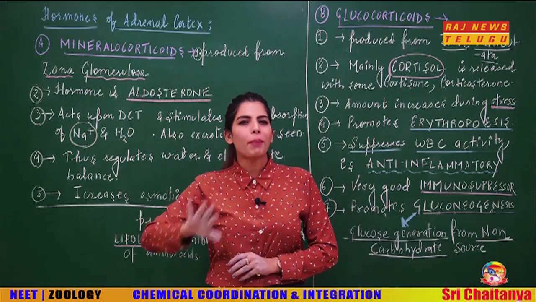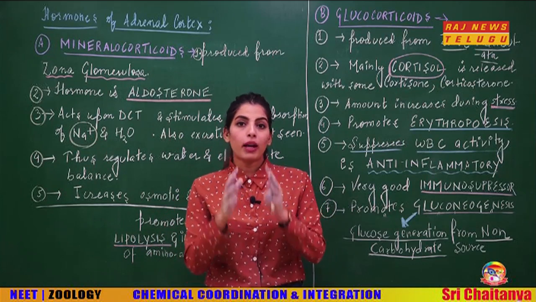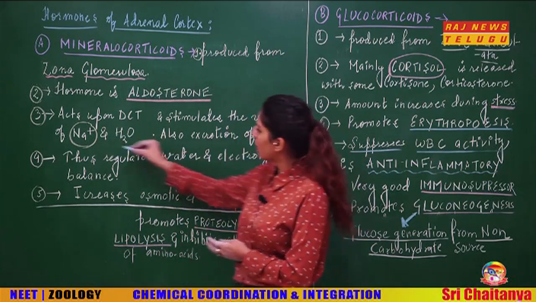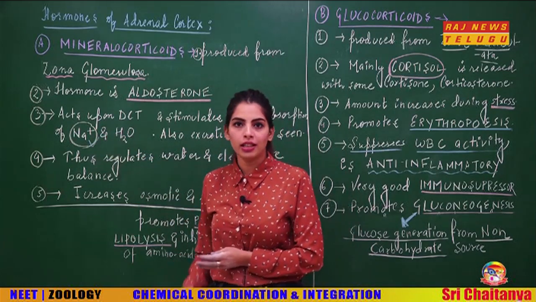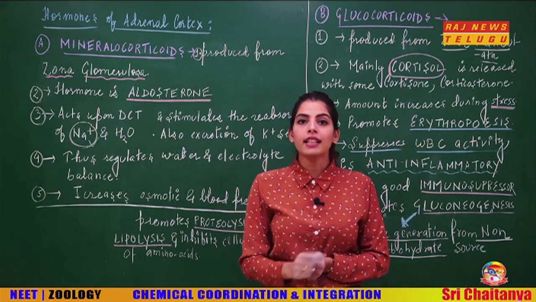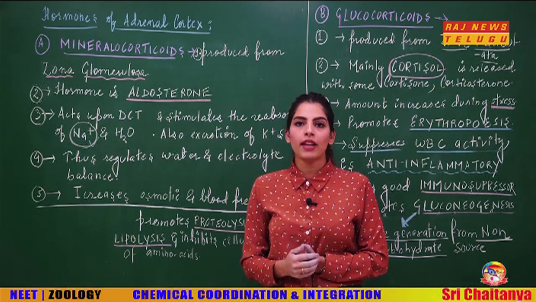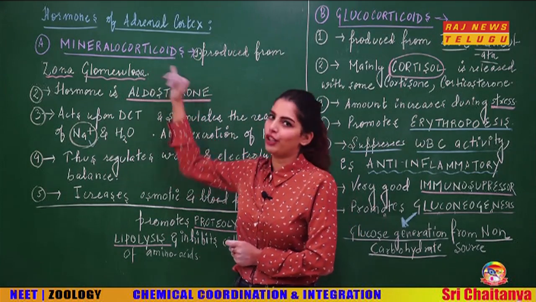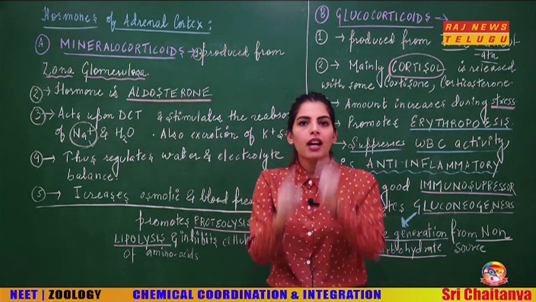Water is actually passively reabsorbed, but once you reabsorb Na plus ions, this Na plus ion is a mineral. And this Na plus ion, which is a mineral, is the reason why it is known as mineralocorticoid. Getting my point?